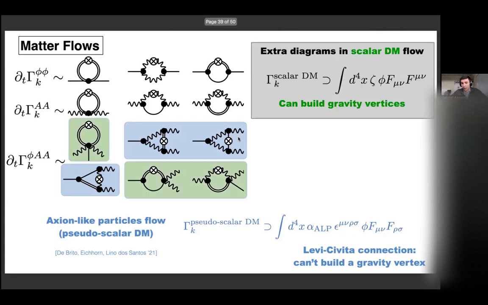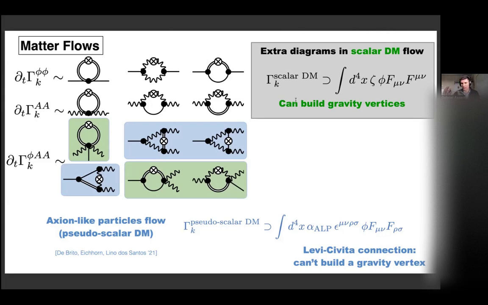And in our case, of course, you can, because there is no such Levi-Civita. And so in the end, one builds these extra diagrams based on 2 gauge, 1 scalar, 1 graviton vertex, and also 2 gauge, 1 scalar, 2 graviton vertices.